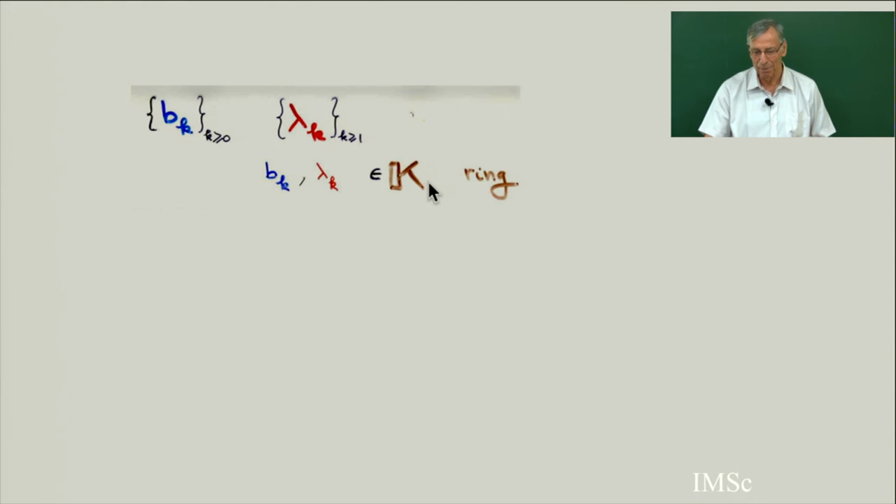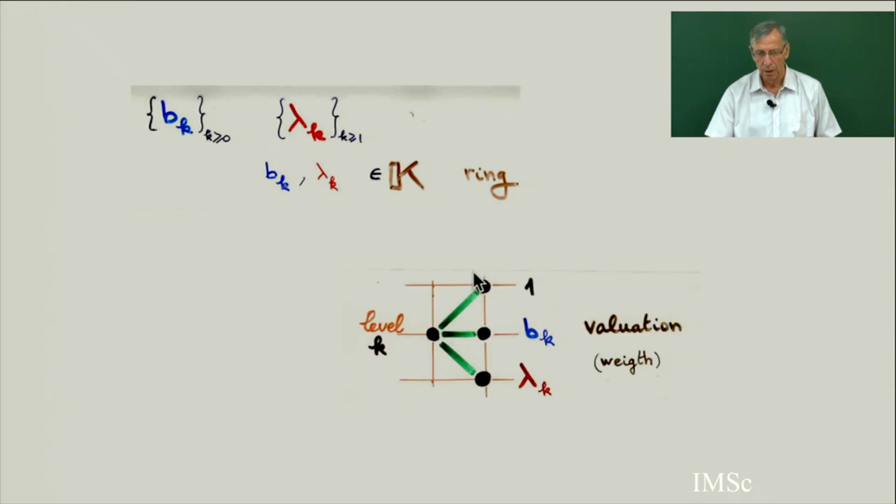So b_k, lambda_k belong to a certain ring of formal polynomials in alpha, beta, etc. I am going to consider some paths on the positive quadrant, and when you are at level k in the path, I am going to give a weight. Each elementary step of the path will be weighted. When you go up, you put a weight 1. When you stay at a certain level, you put a weight b_k. When you go down, you put lambda_k.